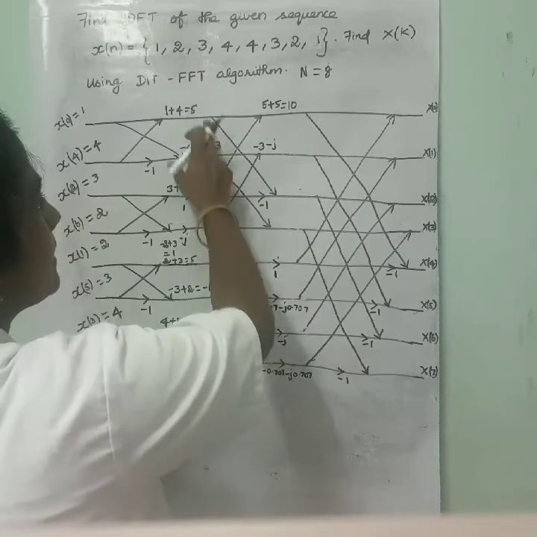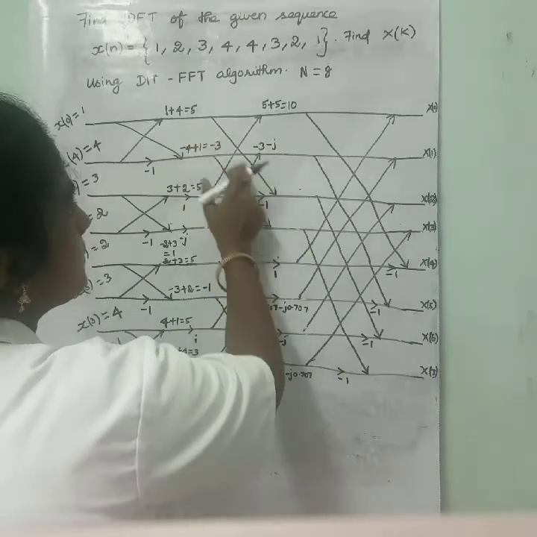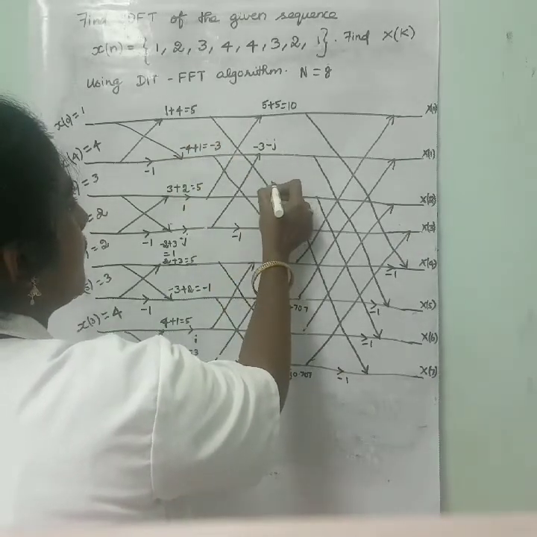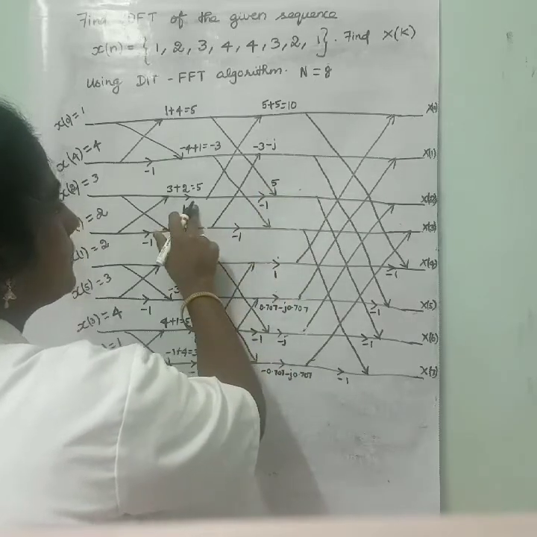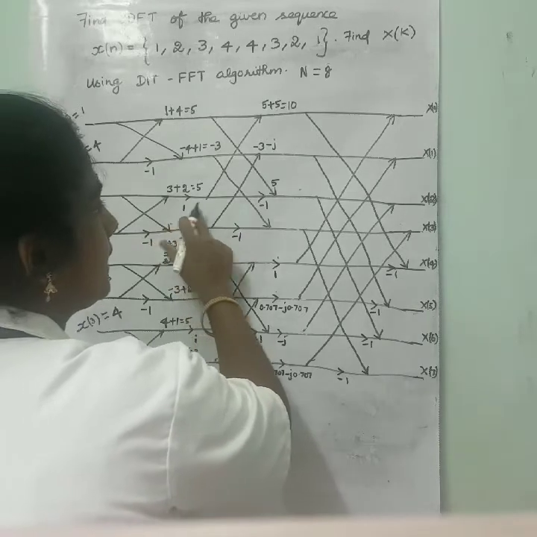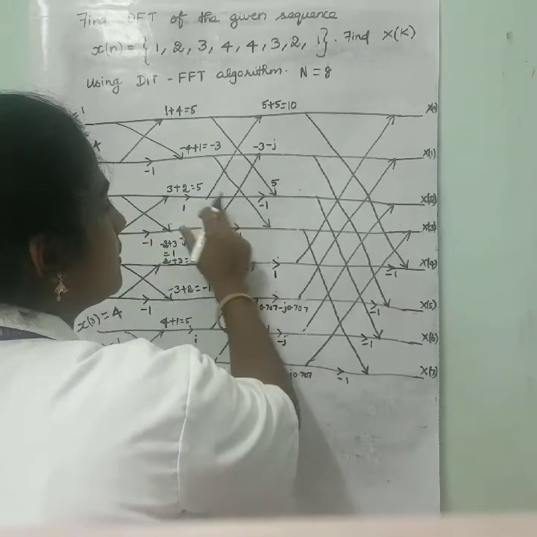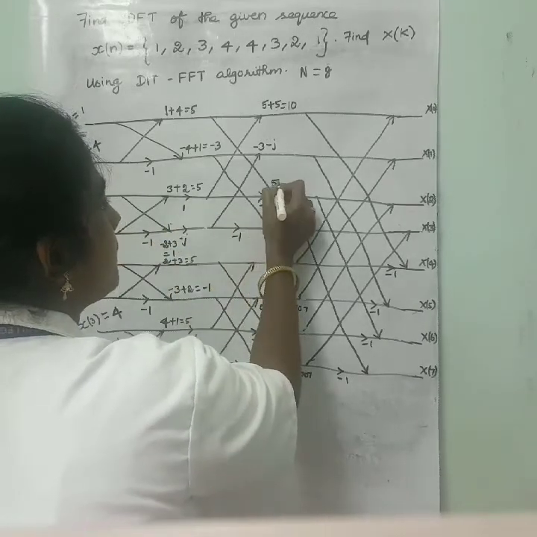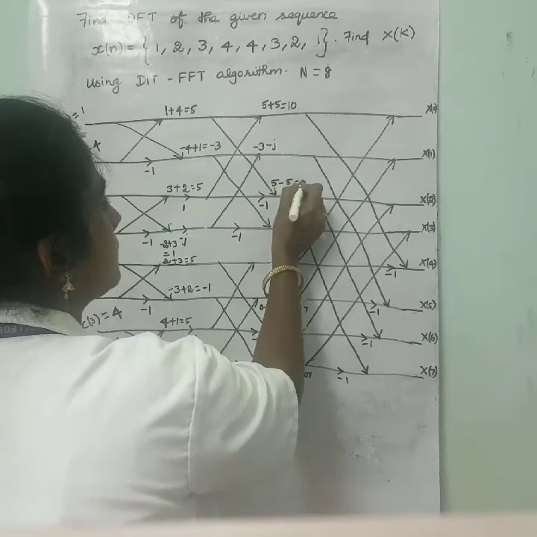Okay. Next here the arrow comes from the first line, so 5, and here we have the value 5. 5 into 1 is 5. This one also you have to multiply, and here also we have minus 1. So 5 into minus 1 is minus 5, so the sum is 0.